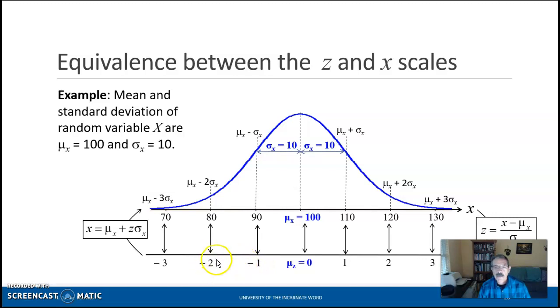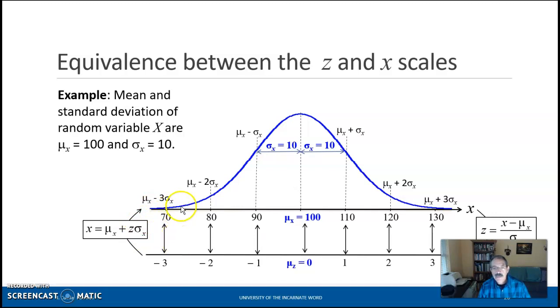So this is minus 2 standard deviations below the mean and minus 3 standard deviations below the mean. Now, if you want to move back from z-score to x values, then you will use this formula. You will take the mean of the original distribution plus z times the standard deviation, and that will give you the x values.